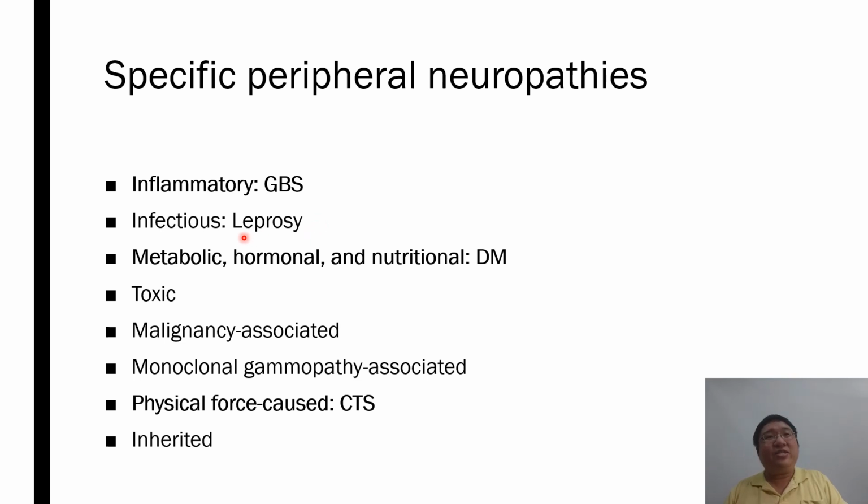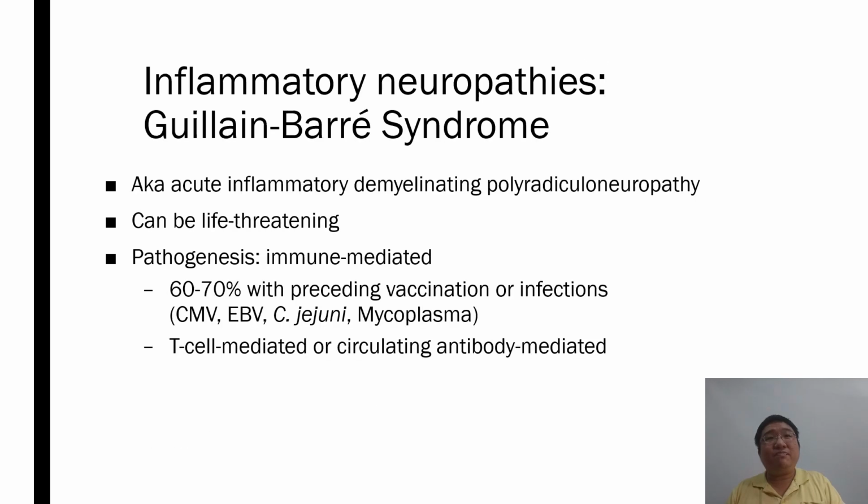I would like to let you study about it later when you study microbiology and immunology, so I should skip this one to save time. I'm going to focus on Guillain-Barré syndrome, diabetes mellitus, diabetic neuropathy, and carpal tunnel syndrome for the peripheral neuropathies.